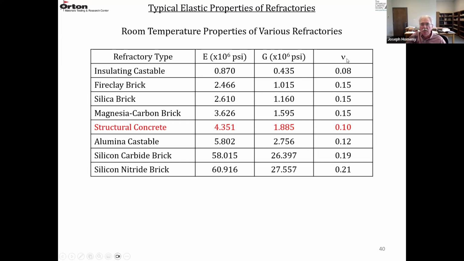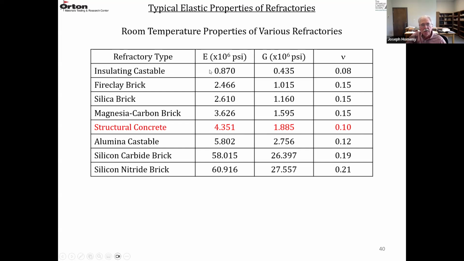And then our Poisson's ratio. And in red here, I put structural concrete. This is what your sidewalks or your road would look like. So the E for structural concrete is a little more than 4 million psi. G is a little less than 2 million psi, and Poisson's ratio is about 0.1.